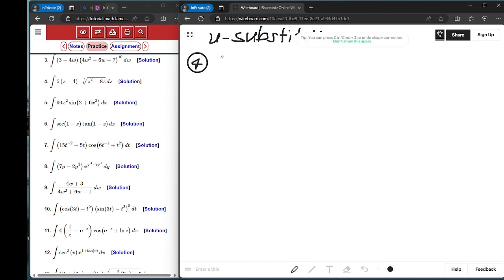Okay, and that is: find the integral of 5 times z minus 4 times the cube root of z squared minus 8z dz.